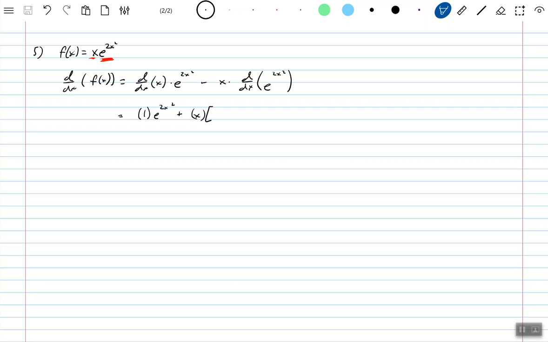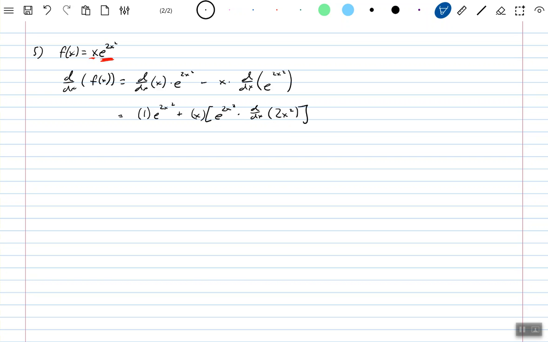The way this works is the derivative of e to the f of x is e to that f of x, so it doesn't change. It's still there, just e to the 2x squared. But then we multiply it by the derivative of the exponent. So it's e to the f of x times the derivative of that f of x.